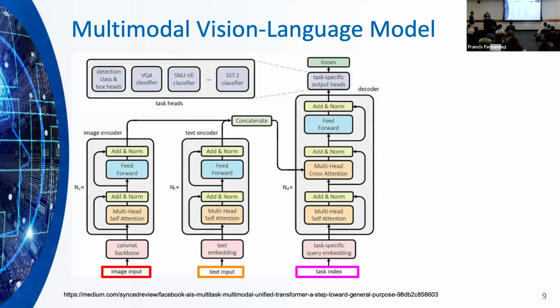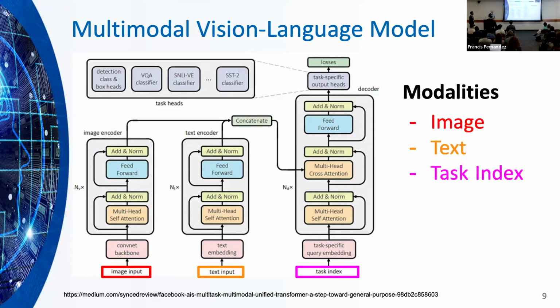And then on the left, we have the image inputs and the text inputs. So we would need to do some kind of tokenization for each of these modalities. We would then need to embed them into some embedding space, including adding the positional embedding.